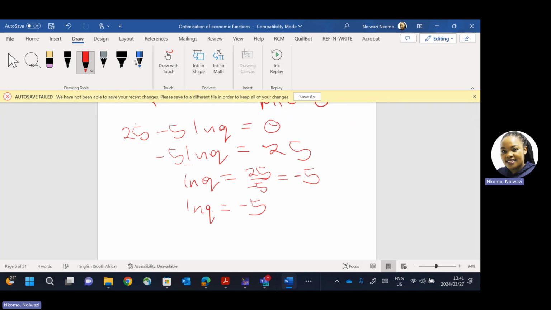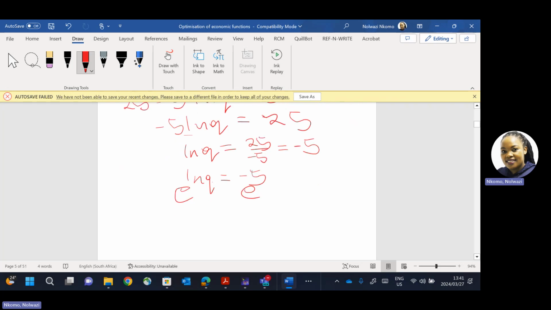To cancel out ln Q, we should introduce E on both sides, right? If we introduce E on both sides, we'll have E to the power ln Q equals E to the power minus 5, and this is equal to Q, right?